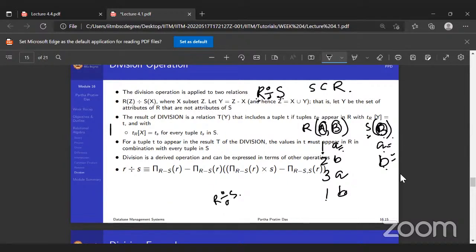Only 1 takes both courses. If there is another tuple, 3B, then with 1A, 1B, and 3B, the output will be only 1.